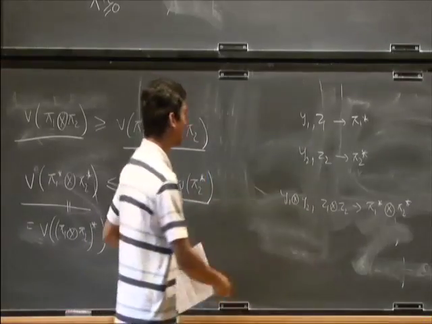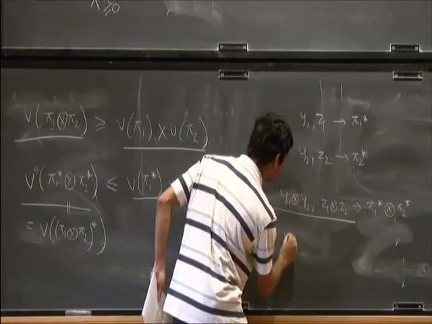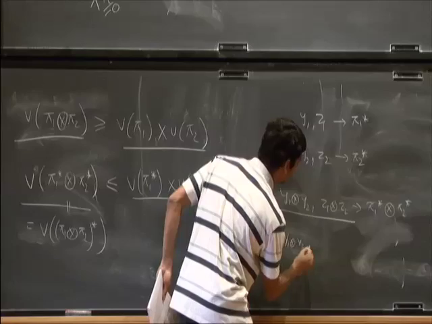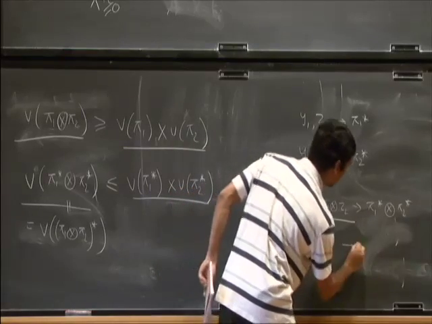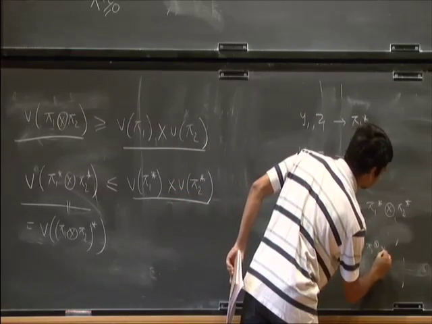A small caveat: we can't show this, but what we can show is that y1 tensored y2, and there exists some other vector v, is a solution of this.